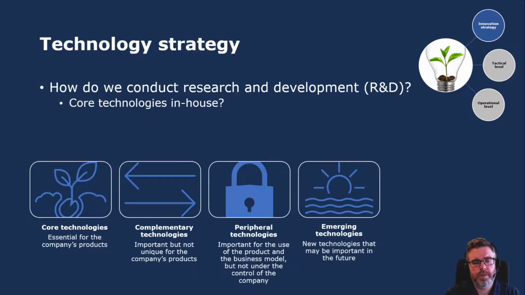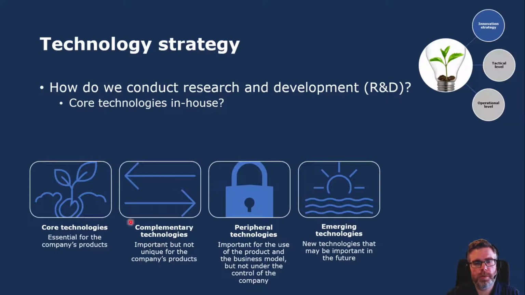So you have core technologies, which are essential for the company's products. And these core technologies are oftentimes reasonable to try to keep in-house so that we learn how to use the technologies, and we may also need to develop them ourselves, so that we can use them in our products and we can stay competitive at the market.